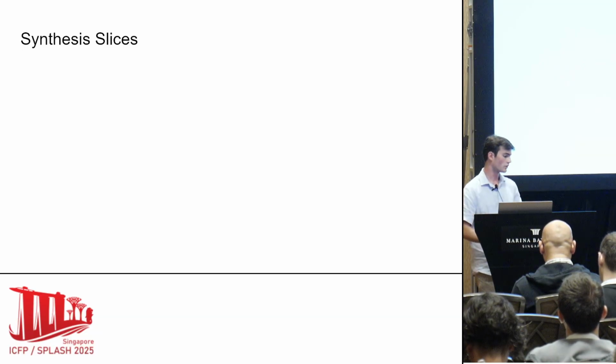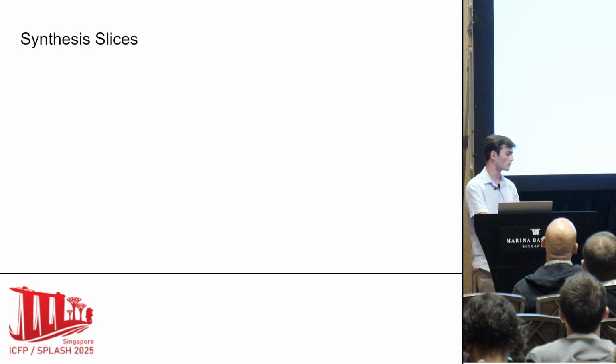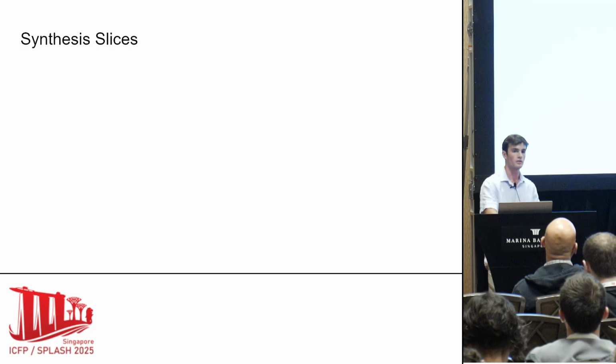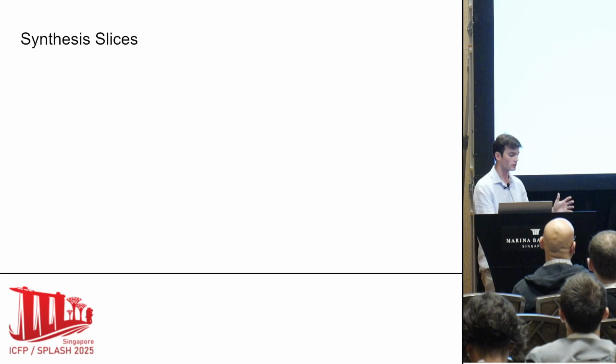So this leads to two main constructs: a synthesis slice, where you have an expression that synthesizes a type, and you are able to take a slice of it that actually contributes to the type.